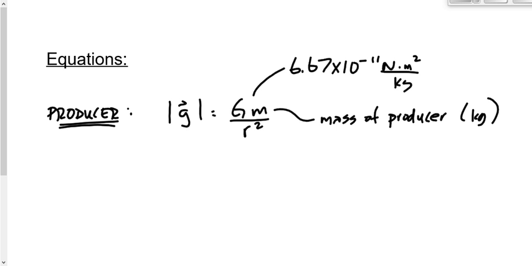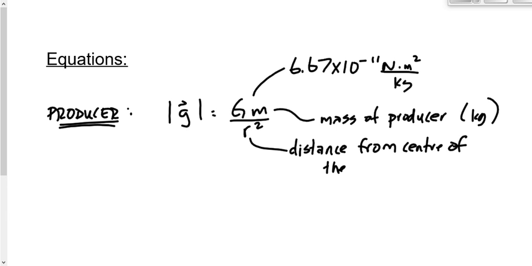R is the distance from the center of the producer. So if I wanted to find the field strength at the surface of the Earth, then I would use R as the distance from the center of the Earth to the surface.